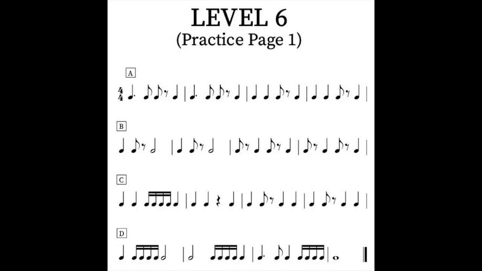Ta, ti, rest, ta, C, ta, ta, tiri, tiri, ta, ta, ta, rest, ta, ta, ti, rest, ta, D, ta, tiri, tiri, ta, ta, tiri, tiri, ta, ta, ti, ta, tiri, tiri, ta.